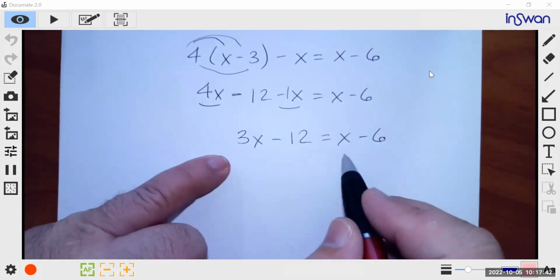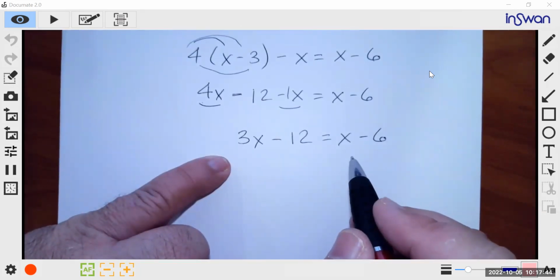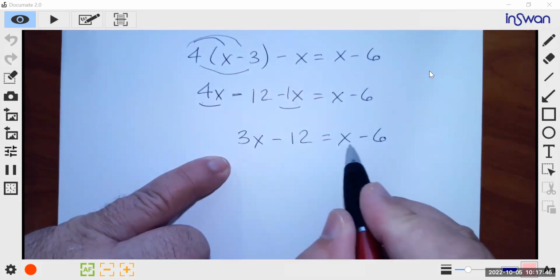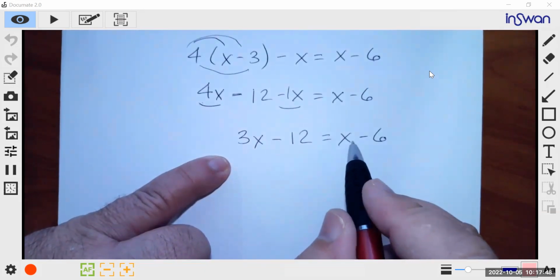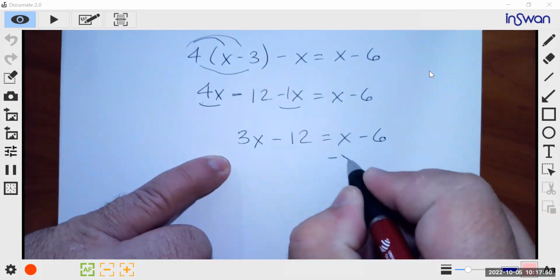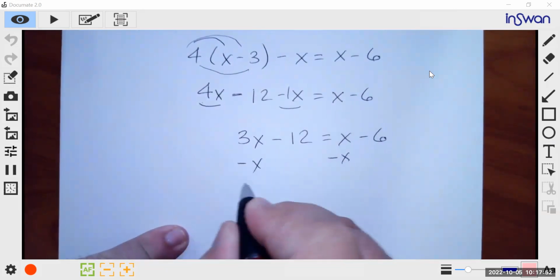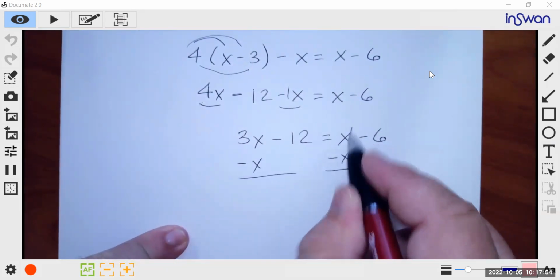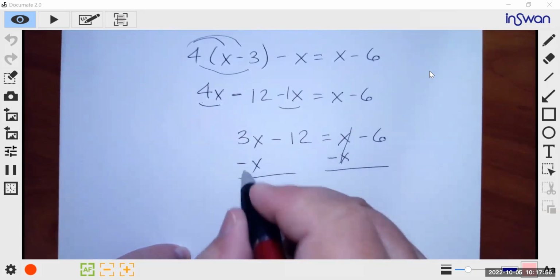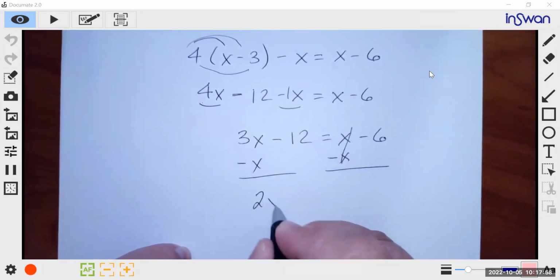We have x's on both sides, so which x do you move? The 1x, the smaller to the larger. So you subtract 1x from both sides. So always move smaller to the larger. 3 minus 1 is 2x.